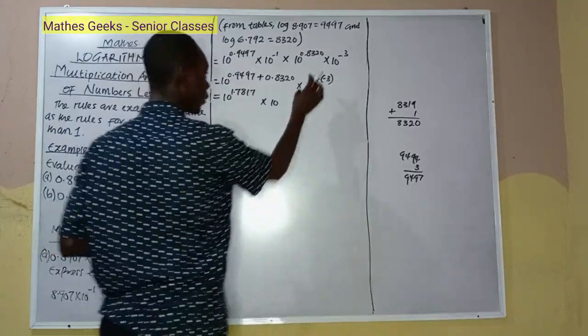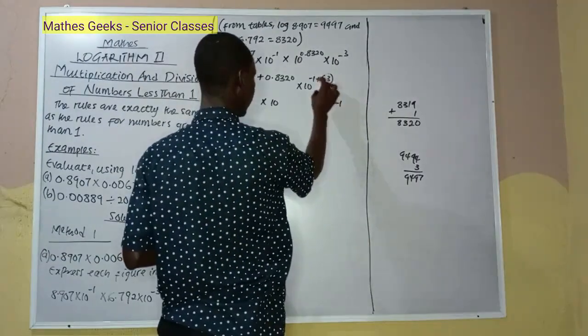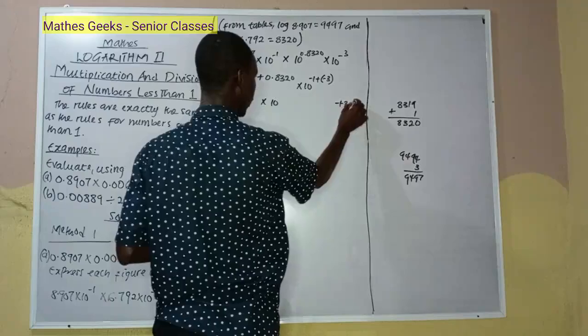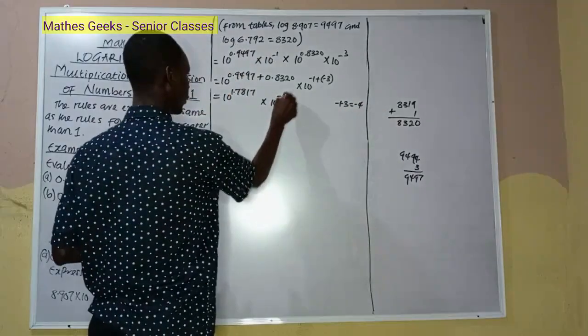Minus 1 plus minus 3 will give us minus 4. So 10 raised to minus 4.